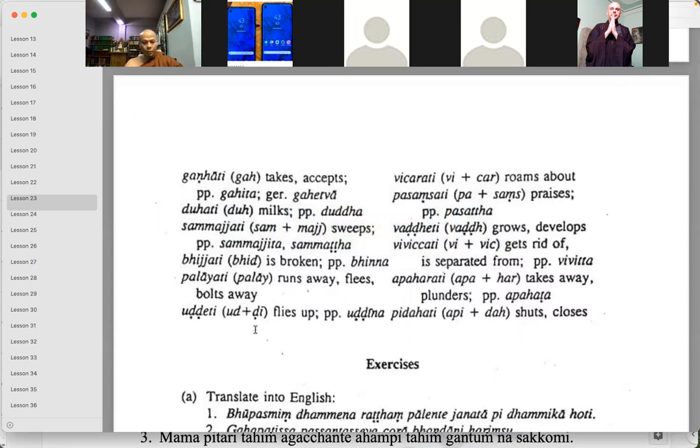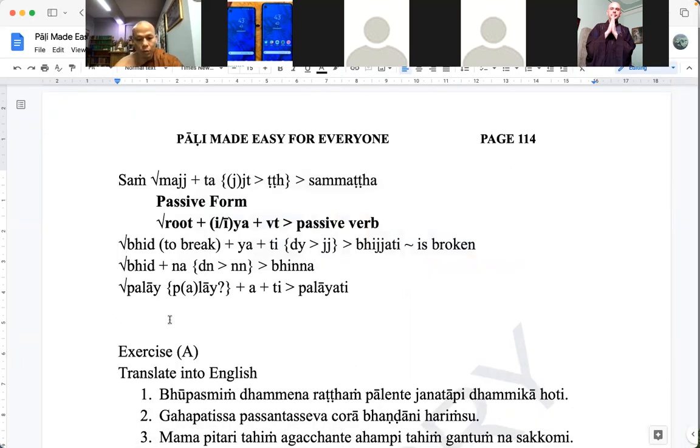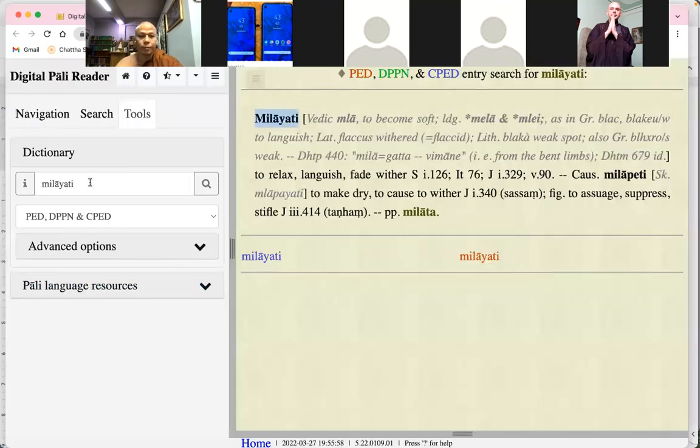And then here uddeti. So the root is d with a dot. Okay. Maybe that one also, actually the sign is R. Okay, firstly we should check in the dictionary.